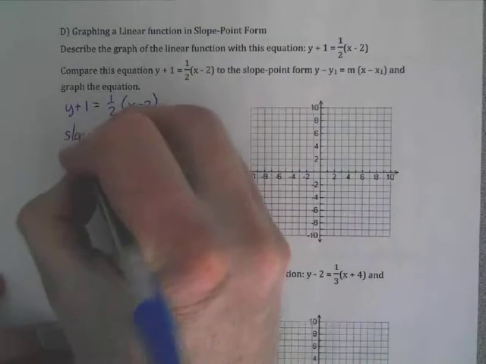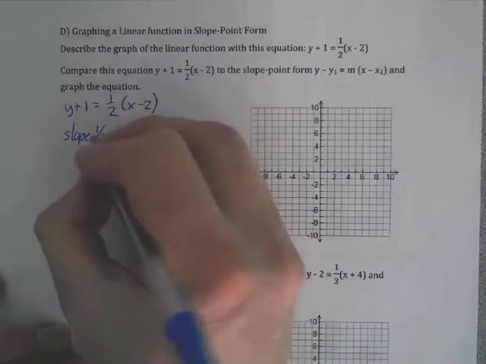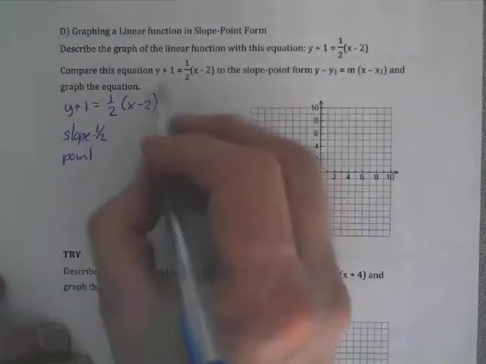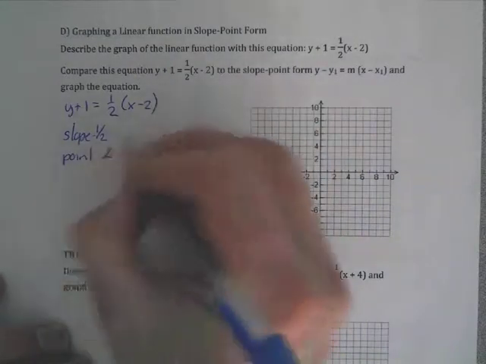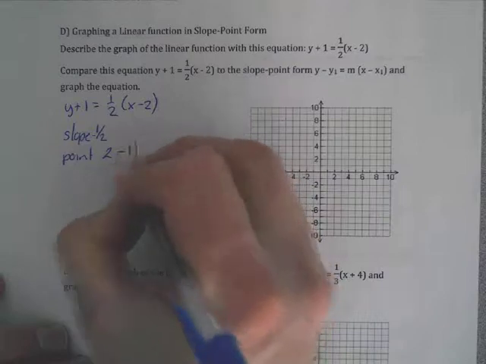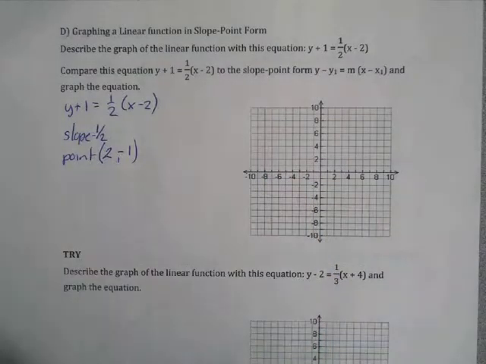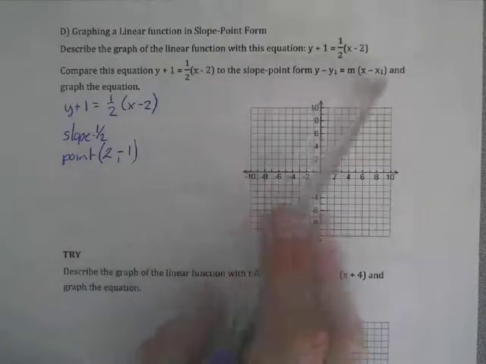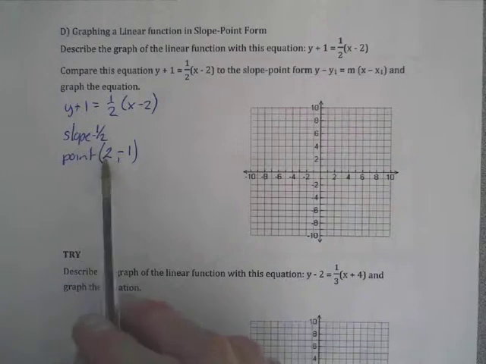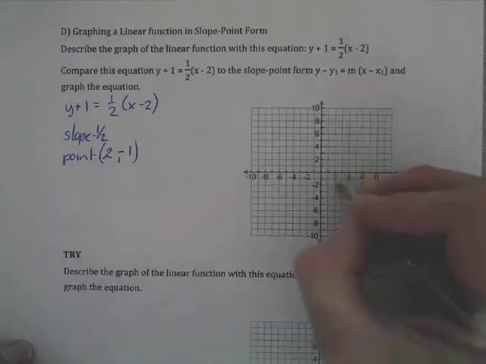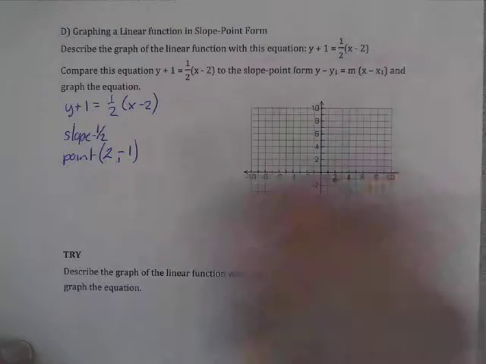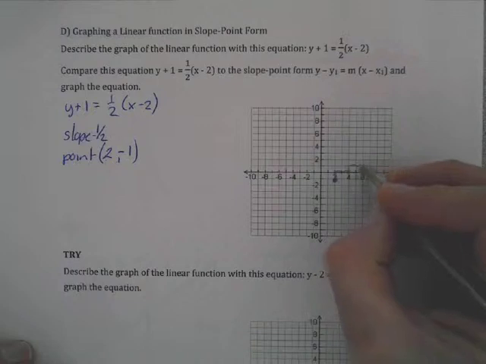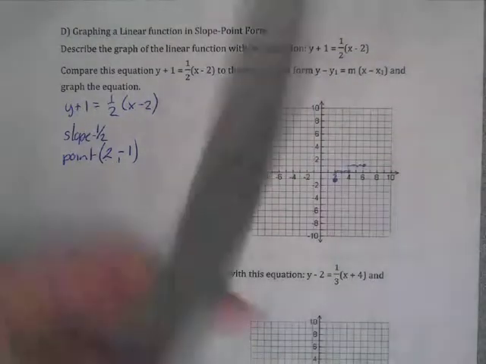The slope is 1/2, and it has a point that this line intersects, and that point will be (2, -1). So it'll go through that point there on this graph. So compare it to this slope-point form and then graph the equation. So I start at (2, -1). It has a slope of 1/2, so it goes up 1 over 2, and there's my point. And I go ahead and graph it.